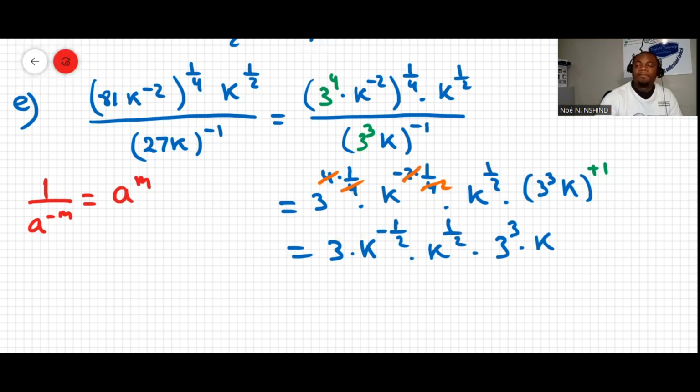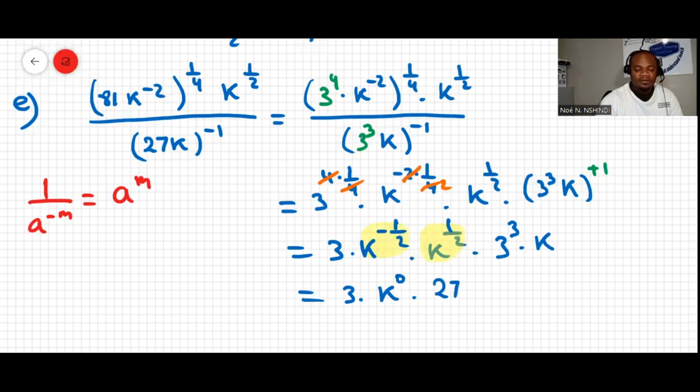Okay. So when we combine these two, that makes 3 times k to the power of negative half plus a half, which makes 0, times 27.